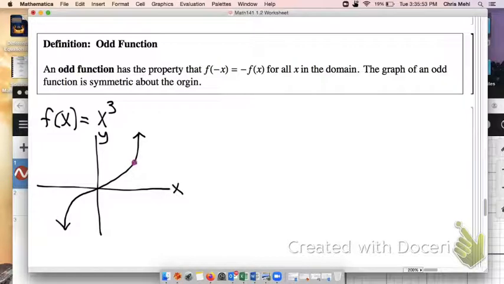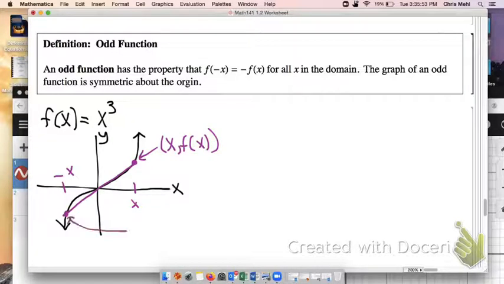And if you look at the graph of this function, it does have symmetry through the origin. We'll talk about that in a second. But graphically, here's what's going on. If this is x and this is minus x, this point has coordinates x, f of x.